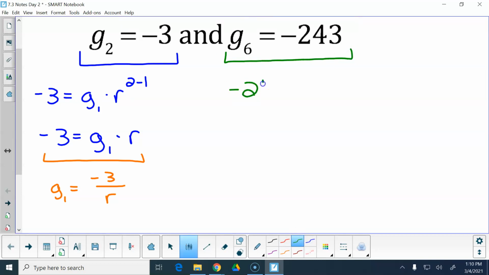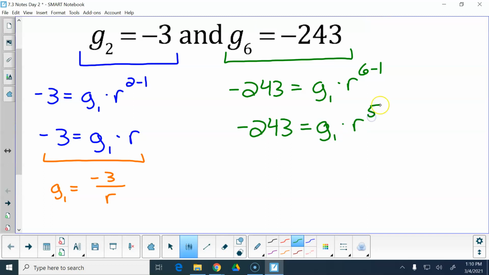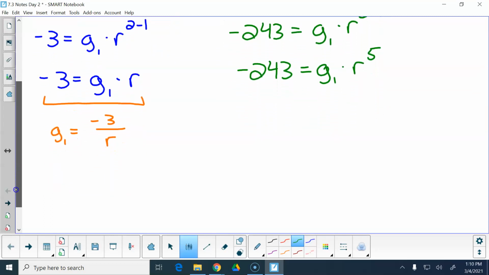The other gives negative 243 equals g sub 1 times r to the 6 minus 1, or fifth. And then I can substitute in what I solved for g sub 1.